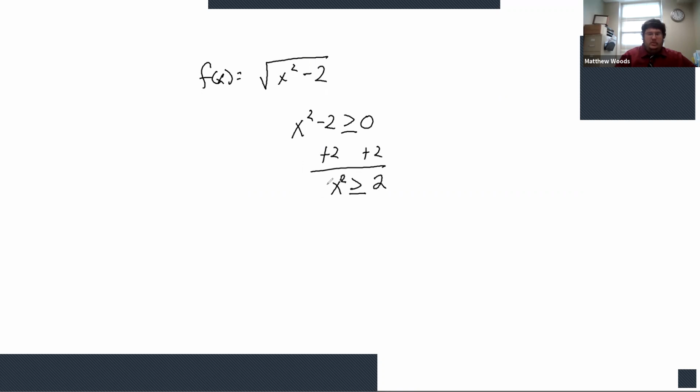X squared greater than or equal to 2. Now I'm going to take the square root. This is a good time to remind you that if you put in the square root sign, you have to account for both positive and negative. The way we do that for inequalities is this. We have x greater than or equal to the positive square root 2, and we have x less than or equal to the negative square root 2.